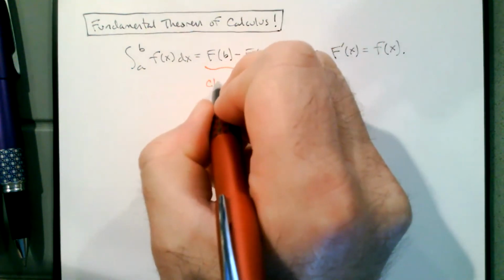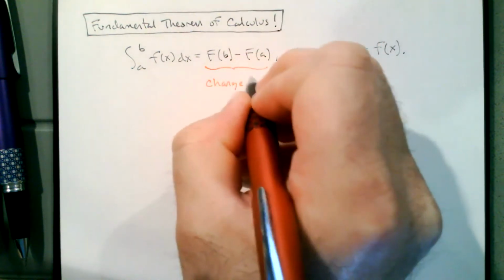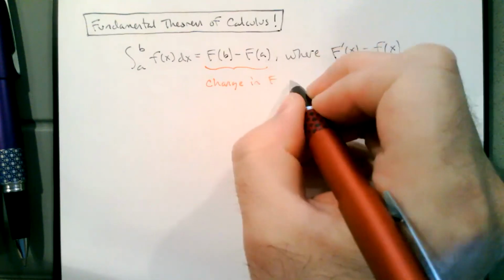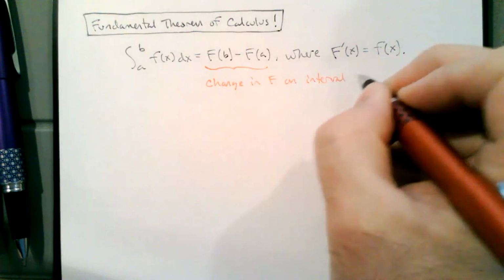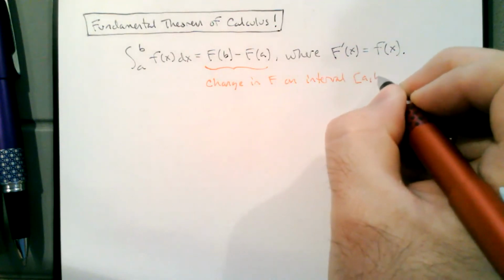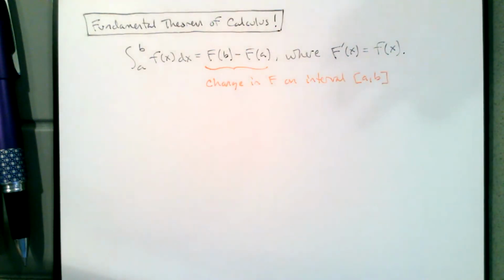This is the change in capital F on the interval from A to B.